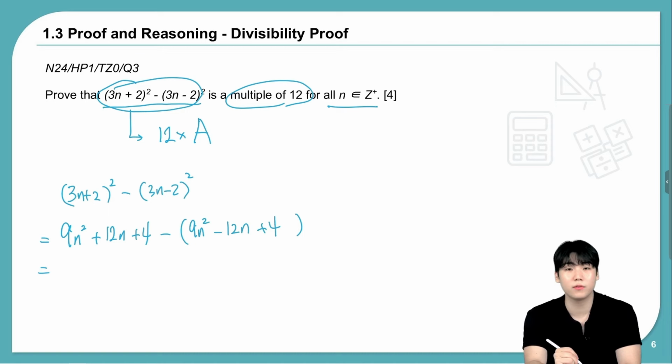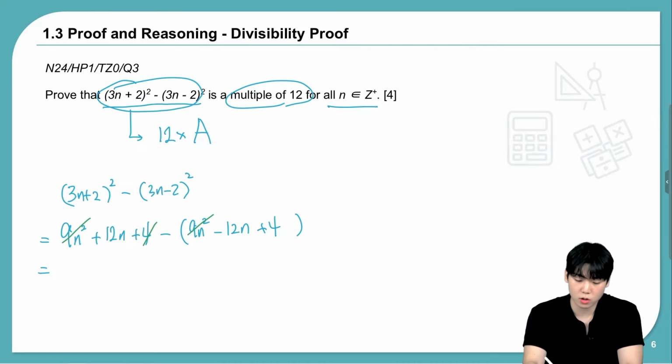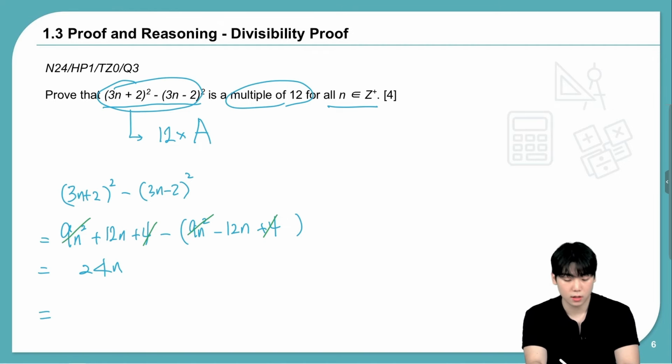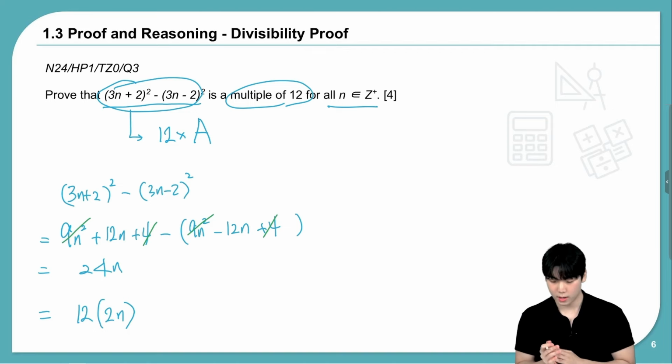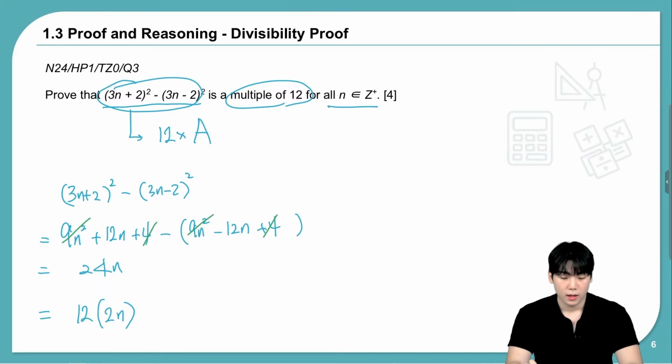And if I were to simplify this, these will cancel out, and this will also cancel out. So I have 24n. Well, I can rewrite 24n as 12 times 2n. And hence, this is a multiple of 12. That is how we show that this is a multiple of 12. Okay, let's move on to the next question, please.